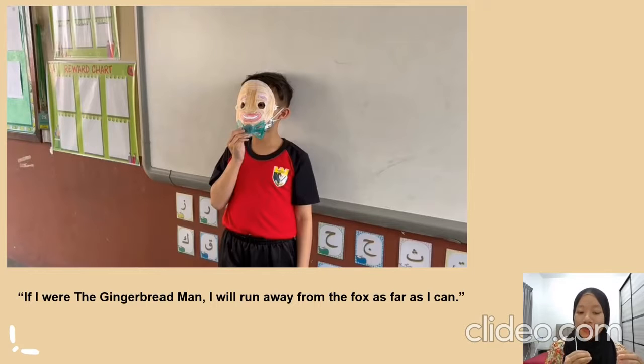But when he added the next phrase, run away from the fox as far as I can, it is something different, because in the story, when the gingerbread man cannot swim, he submits to the fox. So here we can see that the idea is very alternative and different from the story, and he used the action verb run.